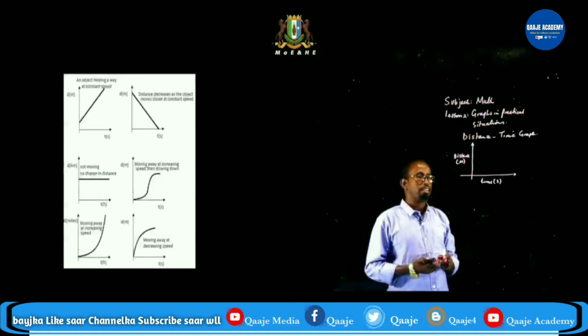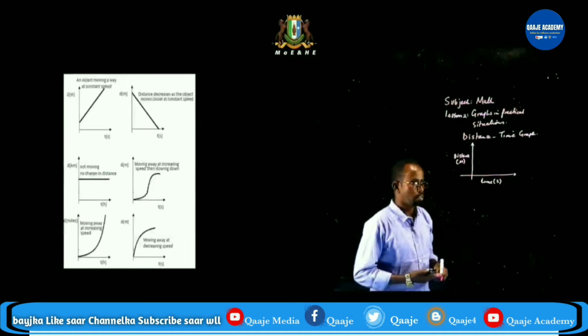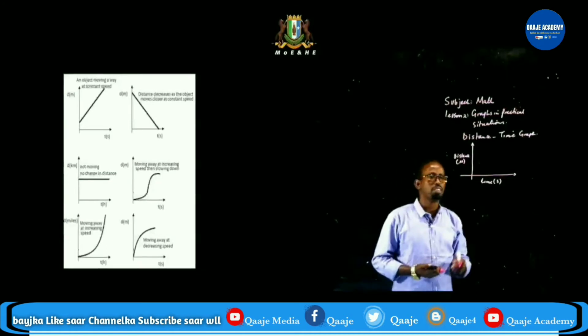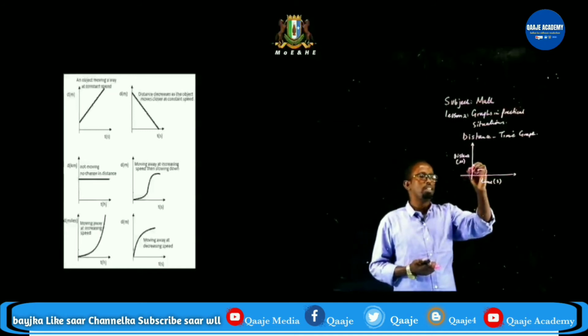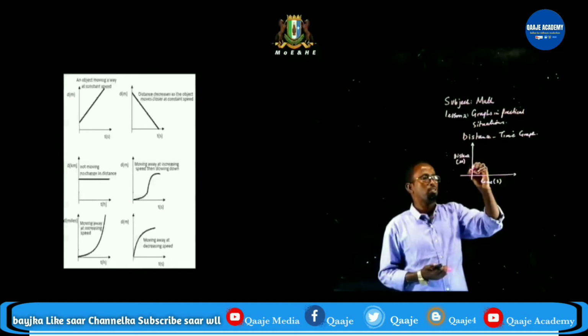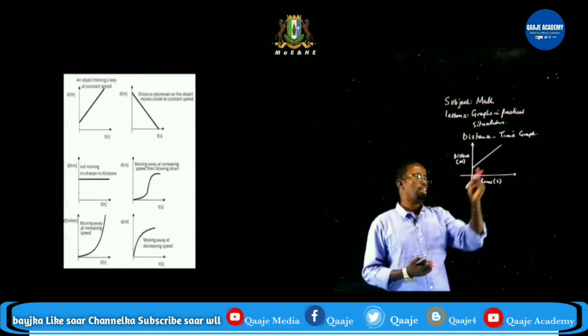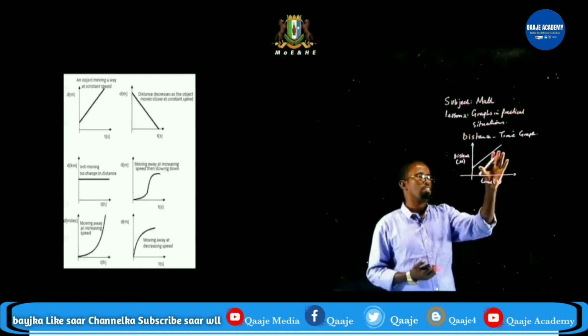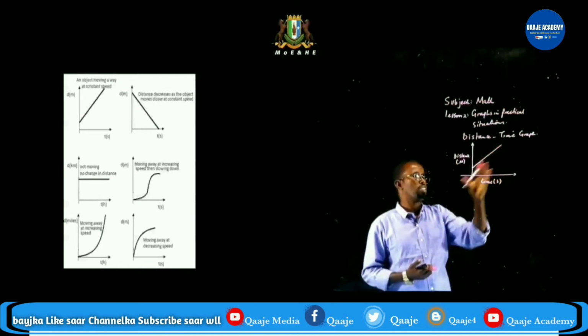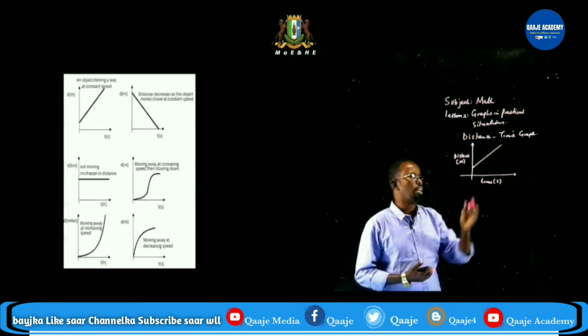Now these are examples of certain graphs. The first one is a graph that starts at that particular point and then moves straight. If you try to find the gradient of this line, you get a constant gradient.